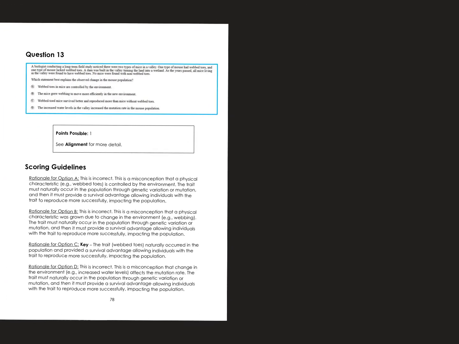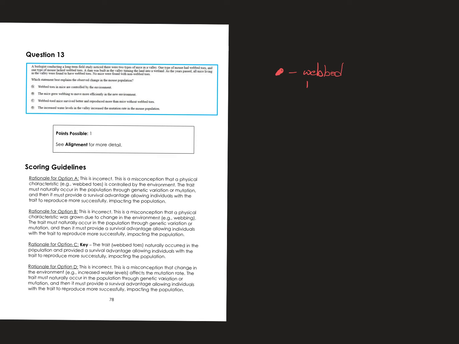So let's draw that out, which is what I like to do and why you get scrap paper during the test. You have two different kinds of mice. Webbed toes, and the other one is not webbed toes.